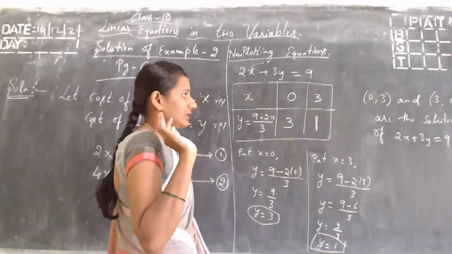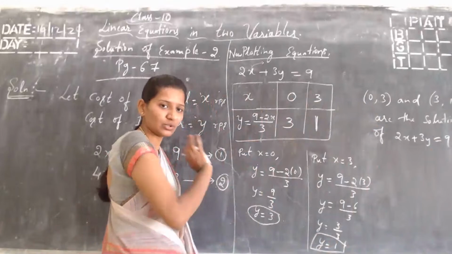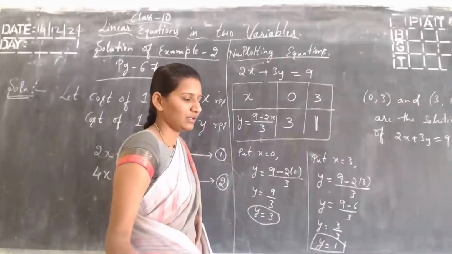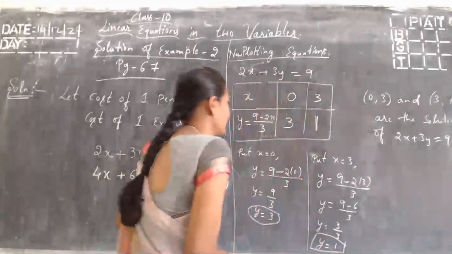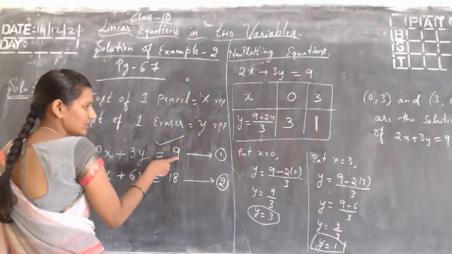Understood? In this whole chapter, we have to do the same thing. There is nothing changed. Similarly, one equation is completed, that is 2x plus 3y is equal to 9.